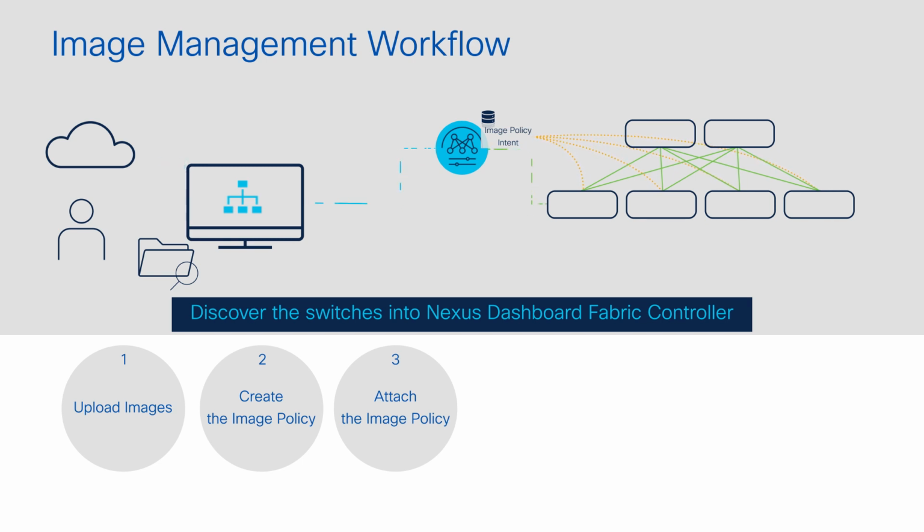For example, a particular set of switches need to be upgraded or downgraded to an NXOS image. Next thing is we attach this policy to, again, it can be a single switch, it can be a group of switches. We do have full support for upgrade groups as well, where we do a lot of checks around the roles and the prerequisites of actually creating the group of switches.